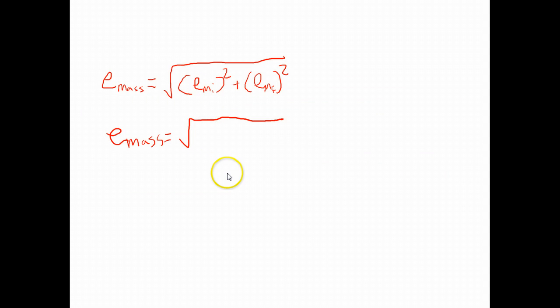So 0.074 milligrams is 7.4 times 10 to the minus 5 grams, squared, plus another, now from the final because we do this twice, 7.4 times 10 to the minus 5 grams, squared. If you go through that calculation, you end up with your error associated with your mass.